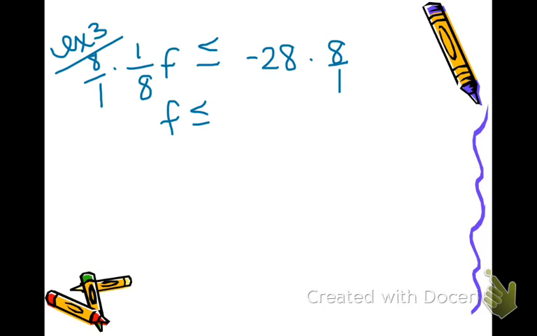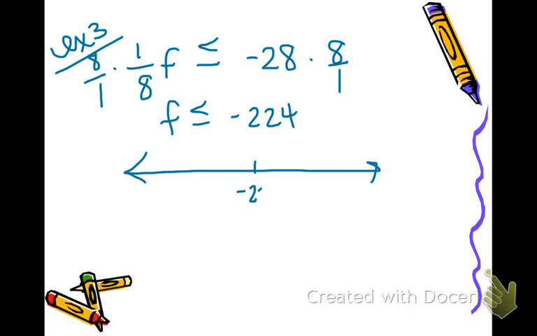Negative 28 times 8 is negative 224. Ha, finally a whole number. Makes life easier. So I can graph, getting closer to 0 here and farther from 0 here. And my symbol is a solid circle, and it points to the left.